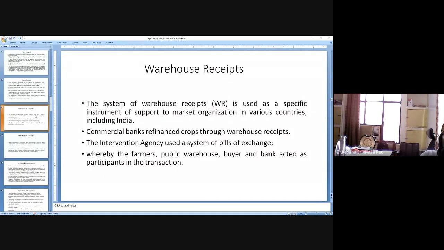The intervention agency used a system of bills of exchange whereby the farmers, public warehouse, buyer and bank acted as participants in the transaction. Okay, in this way the warehouse receipts are also one of the policy instruments which can help the farmers.